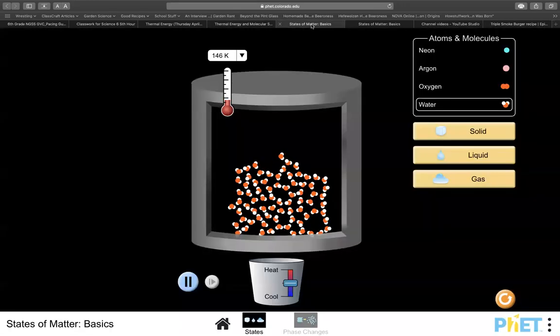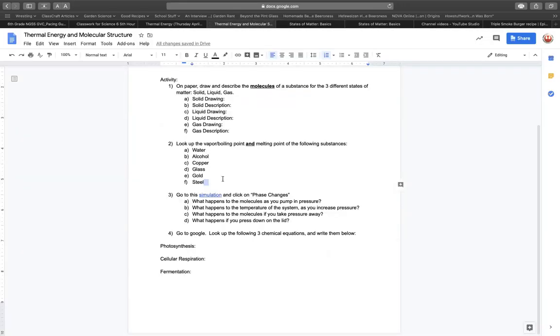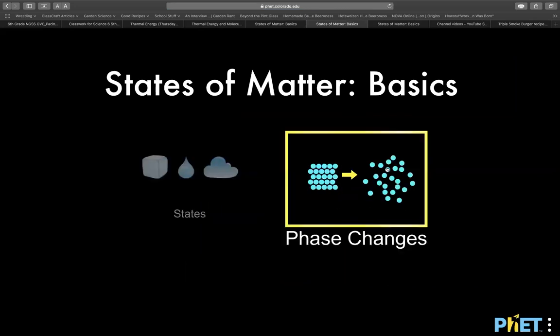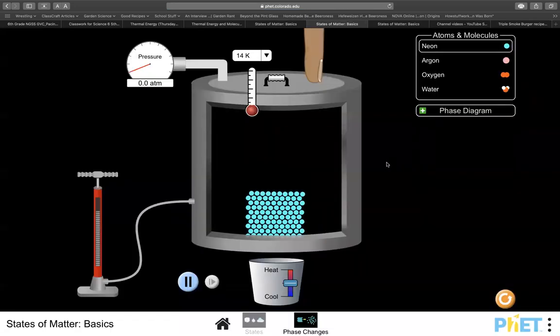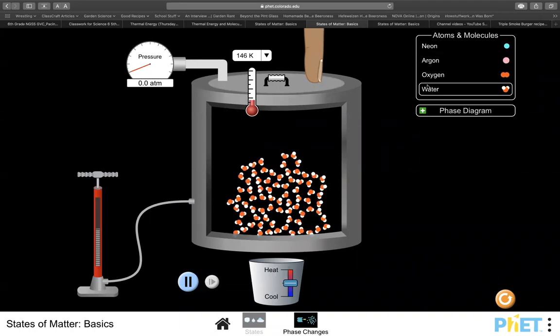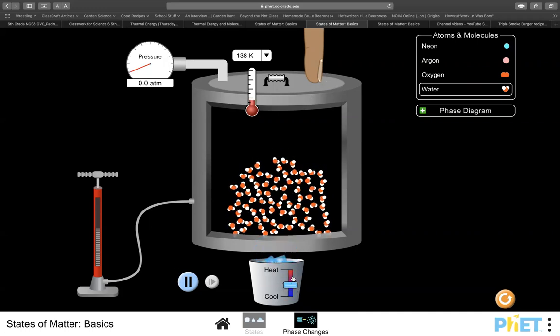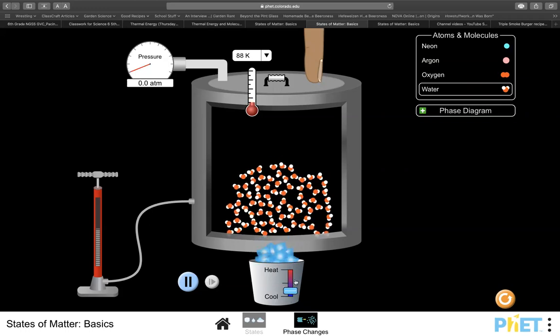However, instead of clicking on the states of matter, when you go here, I want you to click on phase changes, and you're going to experiment with this. And I have a few questions for you to answer that have to deal with this. Now, you can do neon or any of these, I don't care. But the things you can change in this are obviously the heat and or the temperature by adding heat or taking it away.